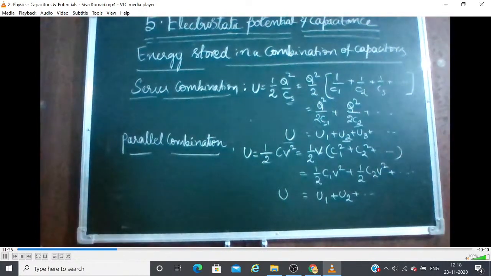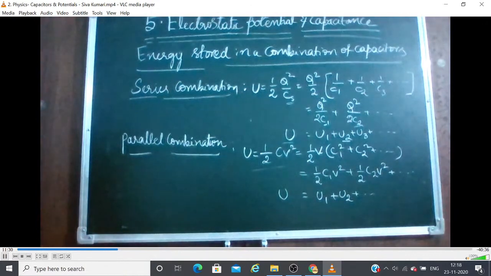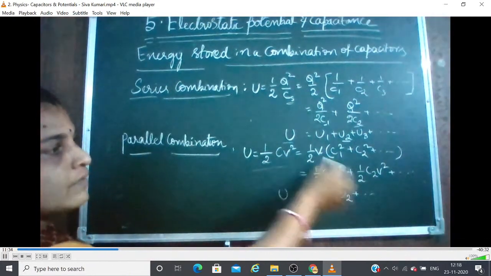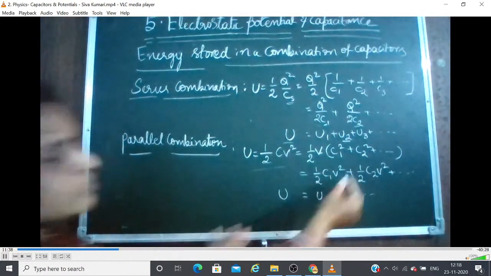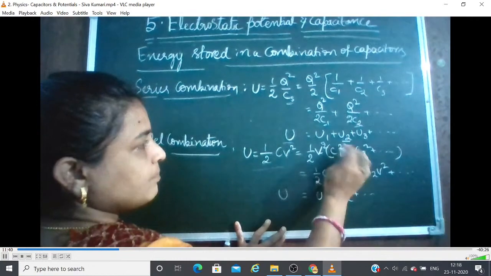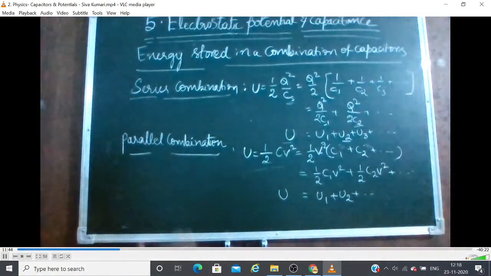And for the parallel combination, if we take this formula, U is equal to half C V square. That is equal to half V square into, for the parallel combination, C is equal to C1 plus C2 plus so on.